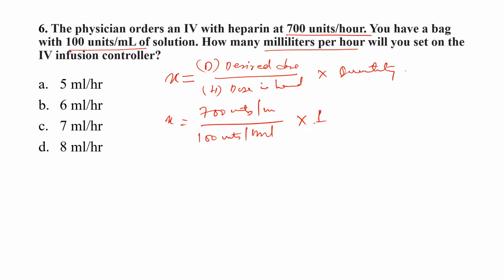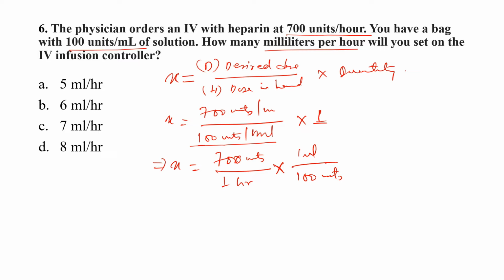So X equals 700 units divided by 100 units per ml, and the units get cancelled. 700 divided by 100 we get 7.